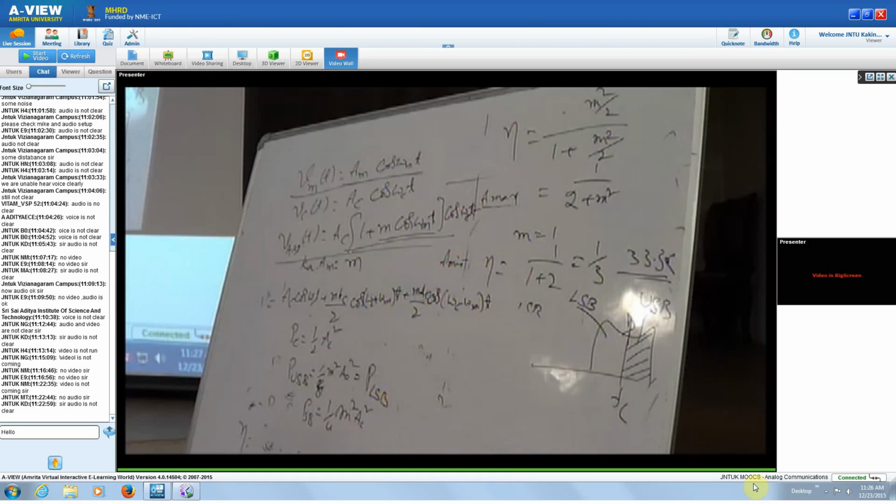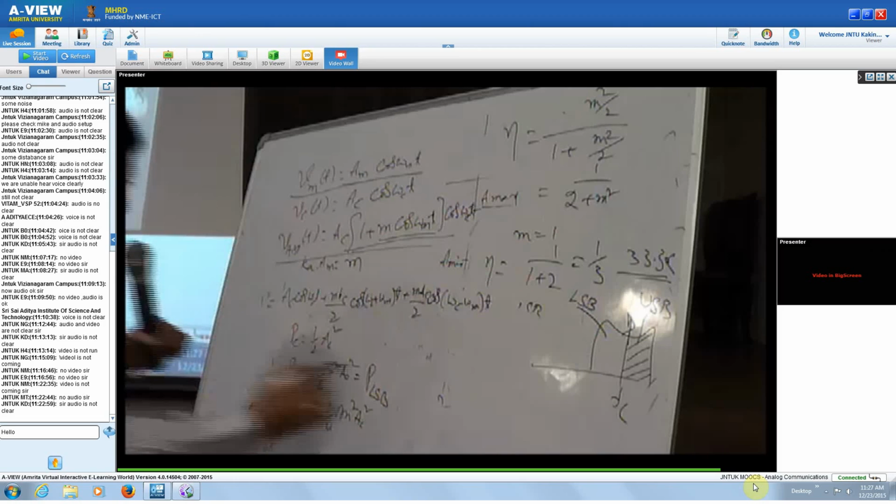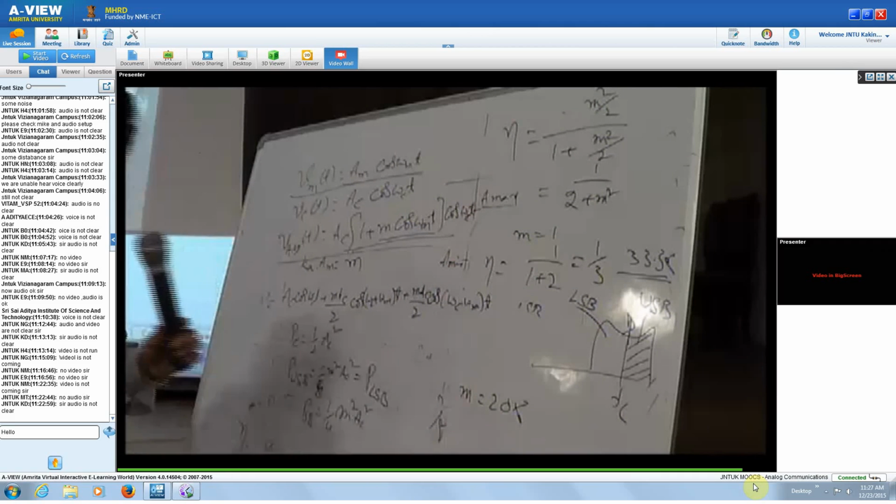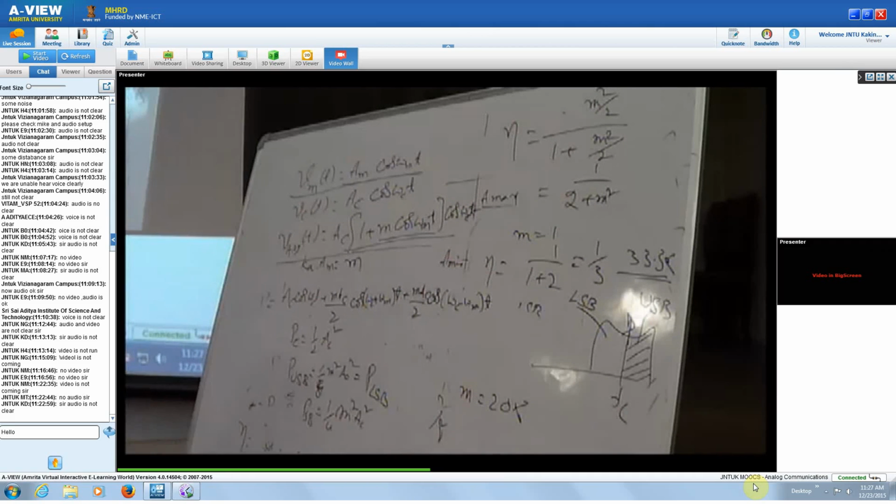Suppose you say that M equal to 20%, instead of M equal to 100%. Then each sideband is going to have only 1% of the power.